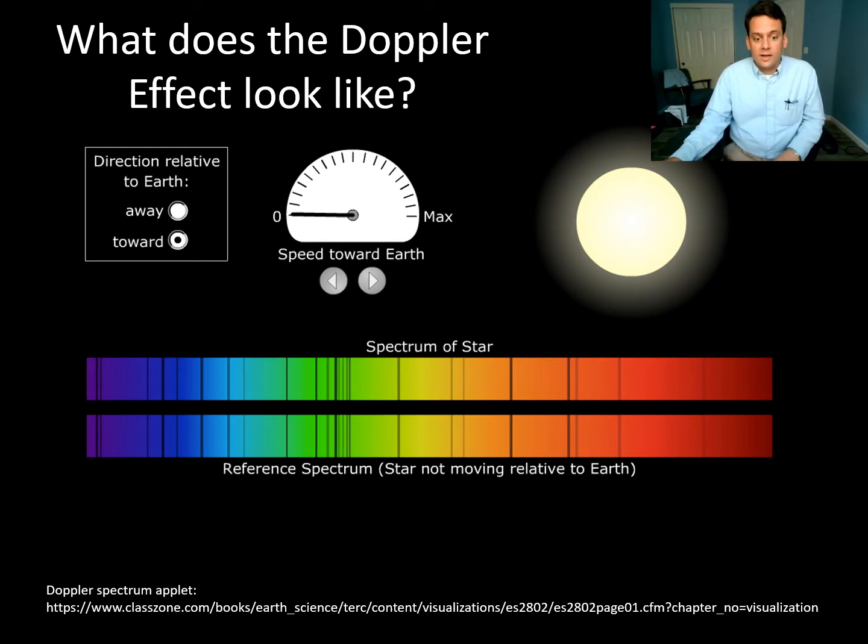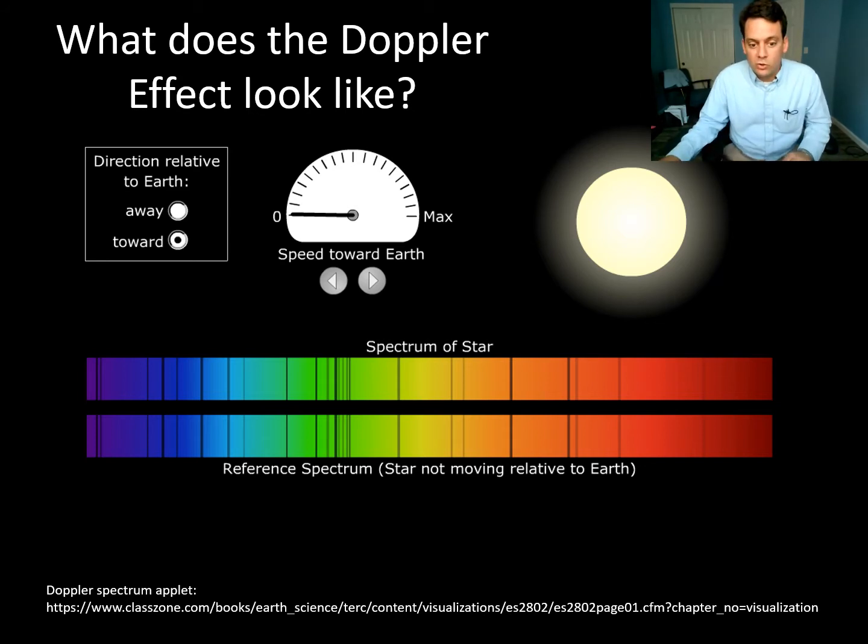There's a great applet here that I've included that I won't try to use dynamically as I narrate in real time, because I think it'll be more effective if you play with it yourself. It's a cool tool which allows you to change the speed of the star relative to the Earth and change the direction, in terms of making it move towards you or move away from you.